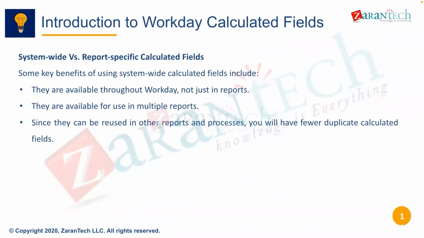Now, coming to the first topic of the day: the two types of calculated fields. One is the system-wide, and another one is the report-specific calculated fields. So what do we really mean by system-wide and report-specific calculated fields? System-wide fields, as the name suggests, are the fields which can be used anywhere, right?